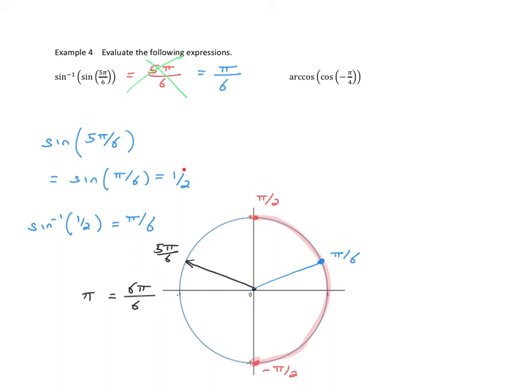That gave us a half. But when you put 1/2 in place of sine of 5 pi over 6, the inverse function takes you back to pi over 6. So this is kind of tricky here. You gotta be careful. When you apply an inverse function, you might not get this angle, you might get something different. I think something similar will happen with this here. I'll put this on the next slide.